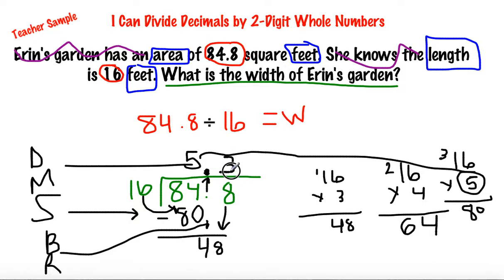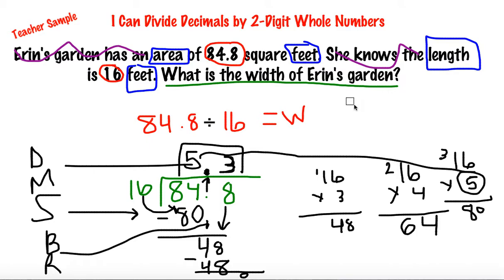Remember that 3 needs to go behind my decimal. And then I keep going. I multiply. That's my next step. I just divided. Now I go to multiply. 16 times 3, we have that over here, is 48. Then I go to my next step of subtraction. 48 minus 48 is 0, so my final answer, or my quotient, is 5 3/10.